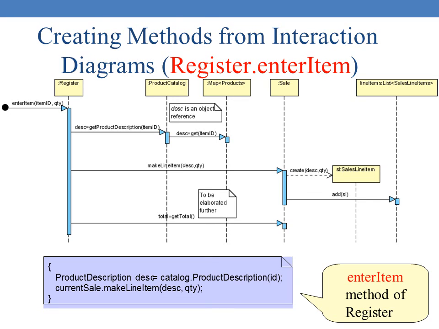Product description and then catalog.productDescription in parameters ID, the current sale makes a line item with description, comma, quantity. When the customer keeps purchasing continuously, it will be updated continuously. Finally, get the total overall.